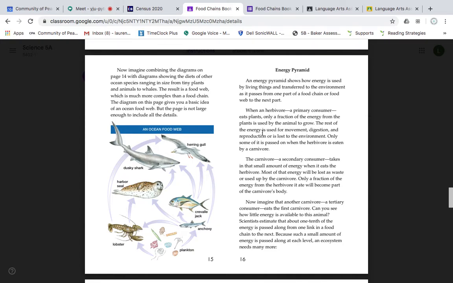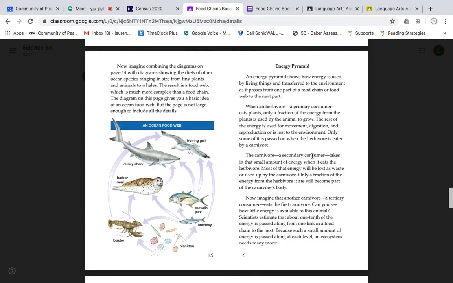The rest of the energy is used for movement, digestion, and reproduction, or is lost to the environment. Only some of it is passed on when the herbivore is eaten by a carnivore. The carnivore, a secondary consumer, takes in that small amount of energy when it eats the herbivore.